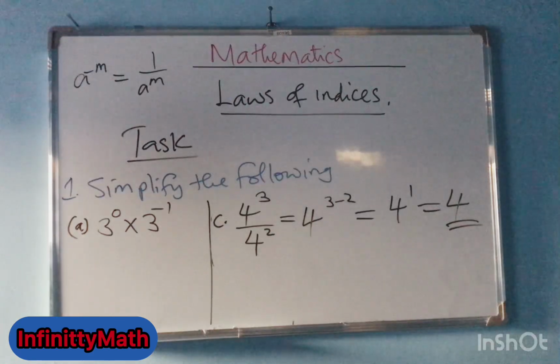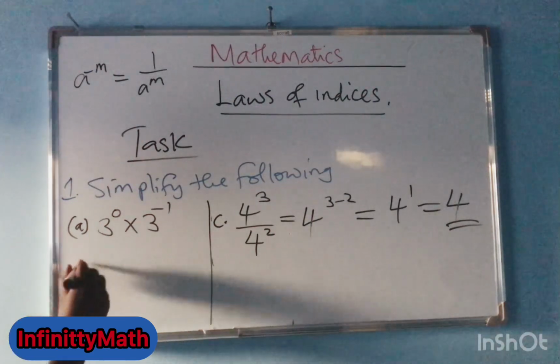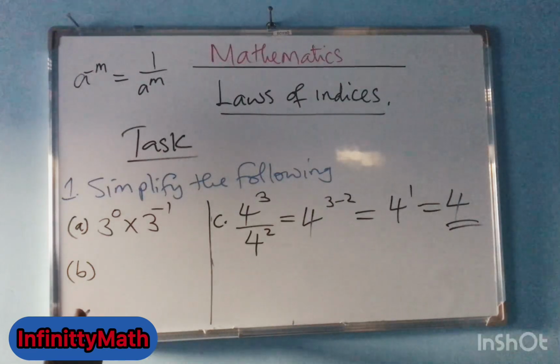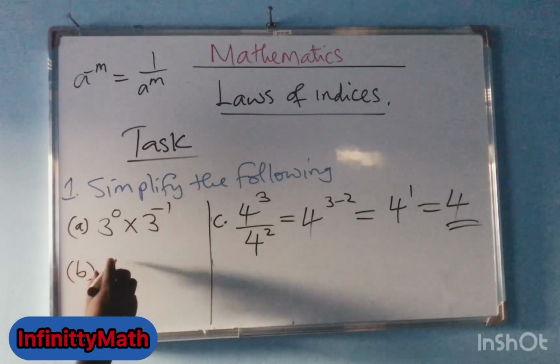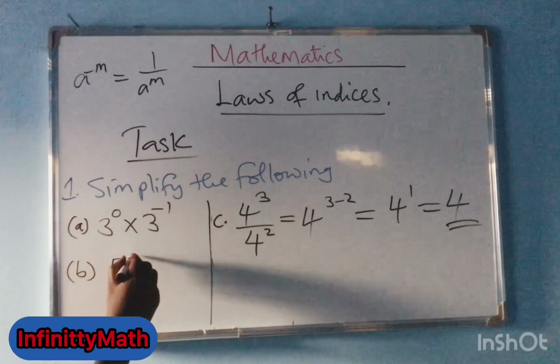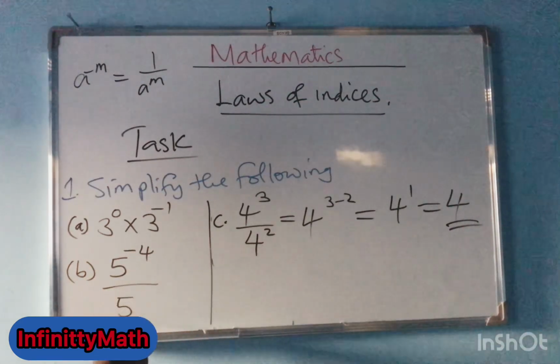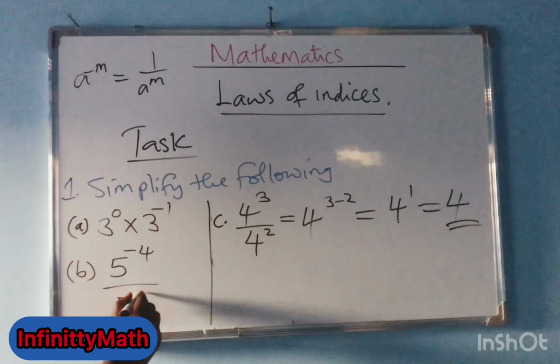How do you go about solving that kind of equation? Then part B, you can solve 5 raised to the power negative 4 over 5 raised to the exponent 2.